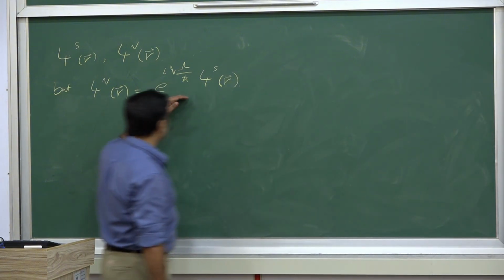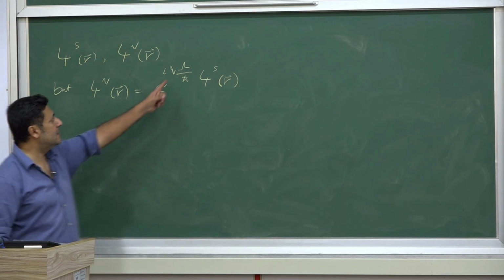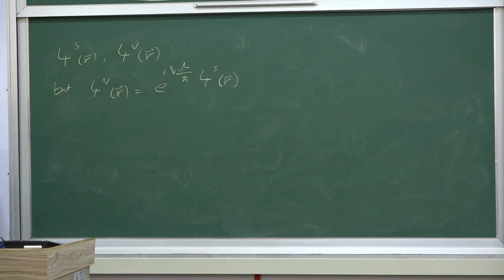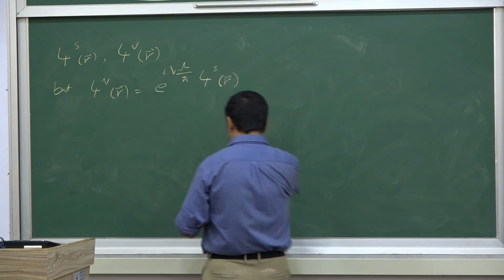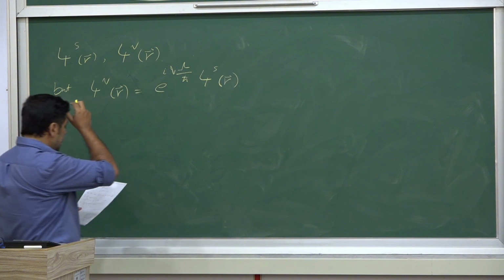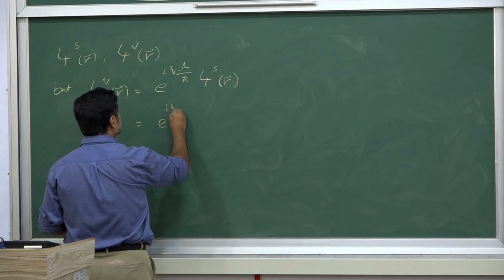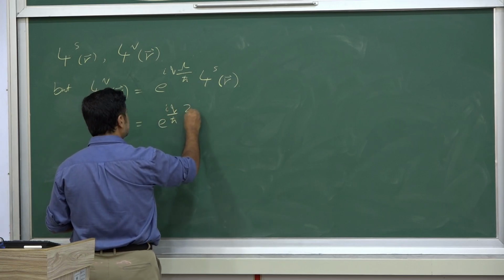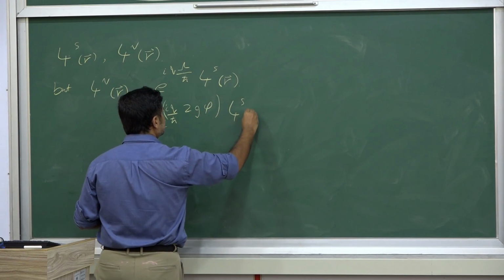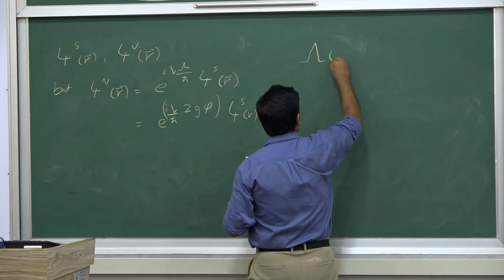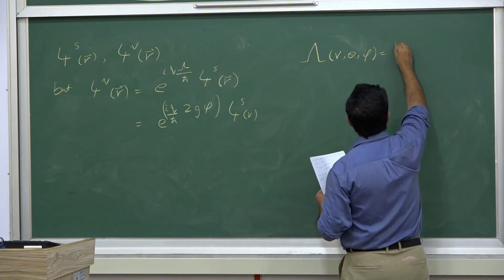If you make a gauge transformation on the south wave function, the same gauge transformation using the same lambda, you'll get the north wave function. And so what is our lambda in this case? Lambda is supposed to be a function of r, theta, phi, but it's just 2g phi.